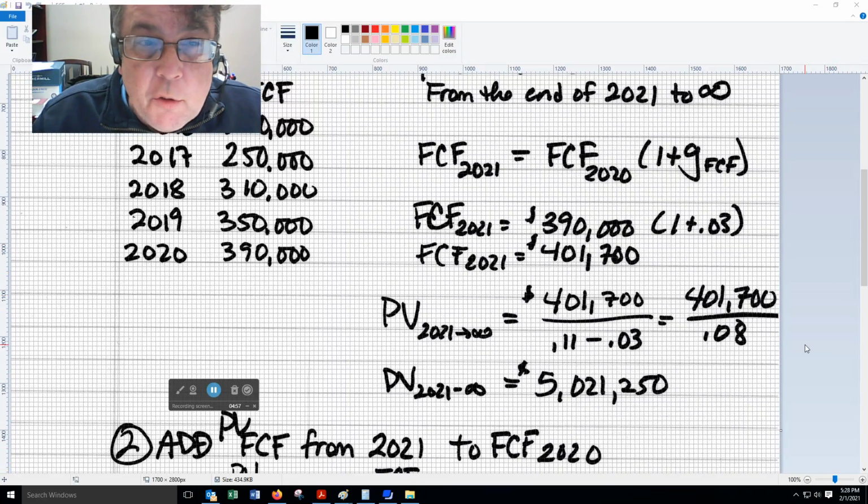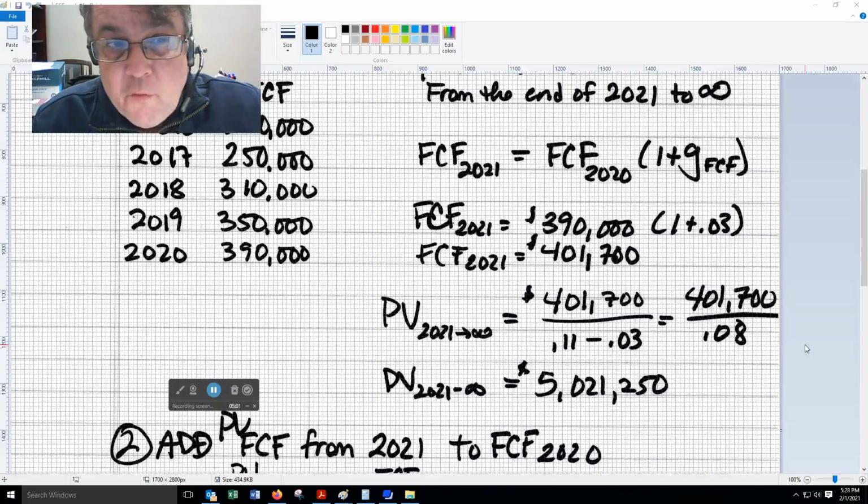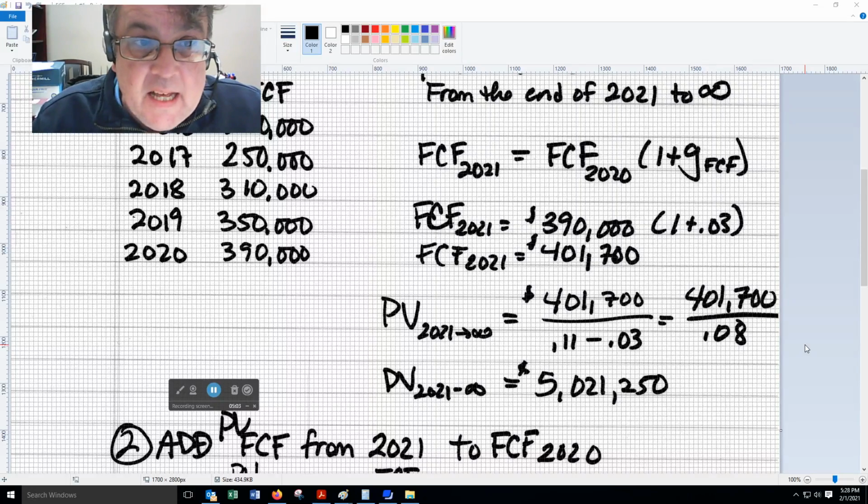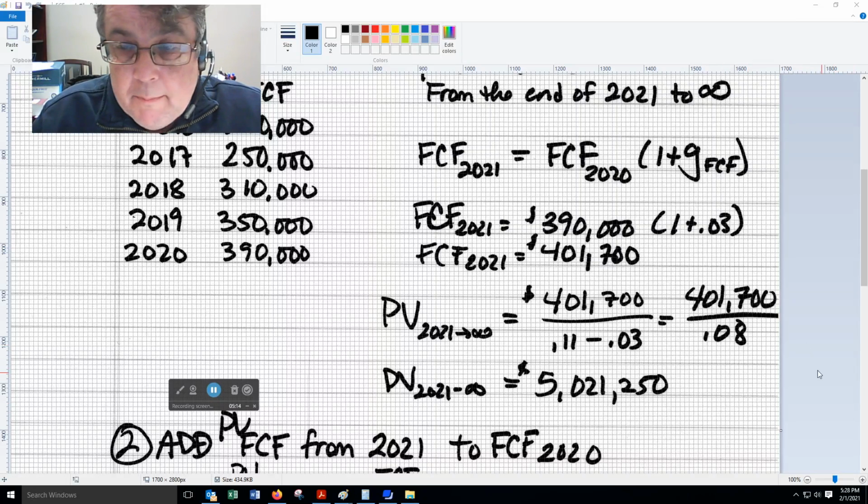We're basically using the constant growth model here with free cash flows instead of dividends. That's the money this firm has, the value of its capital, the value of the company.